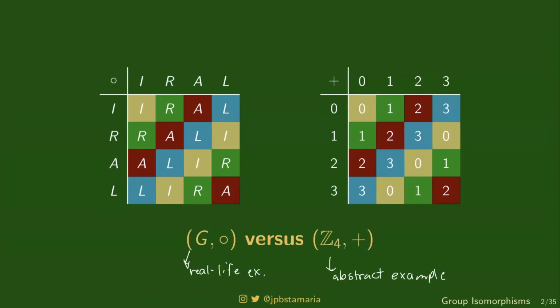Now, the idea of talking about isomorphisms is to classify groups up to isomorphism. When we say we want to classify groups up to isomorphism, for example, yung dalawang groups na nakikita nyo na yan sa screen, we classify them as one, or we think about them as one example of a group.